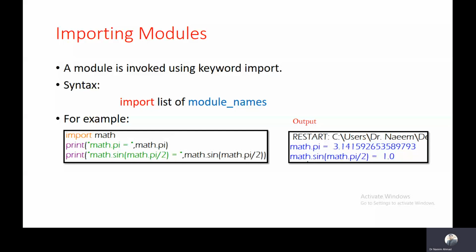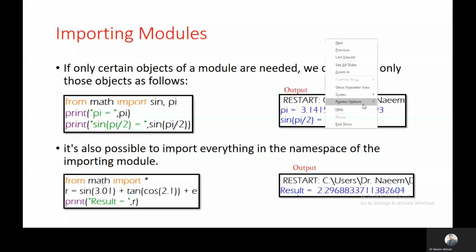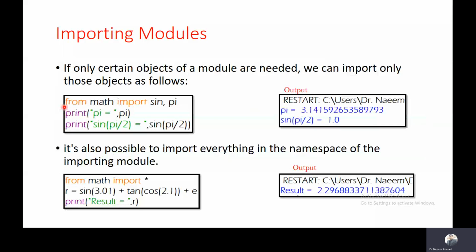If you want to use a particular object of a module, you can also use the syntax from module import, and you list out the objects. In the example, you can see here I'm using from math import.